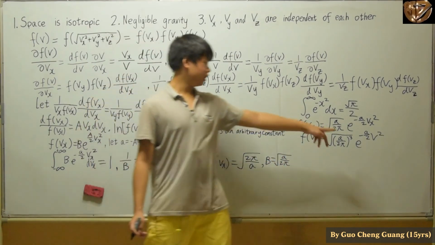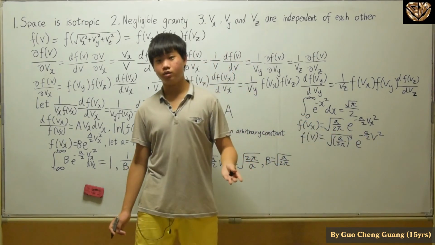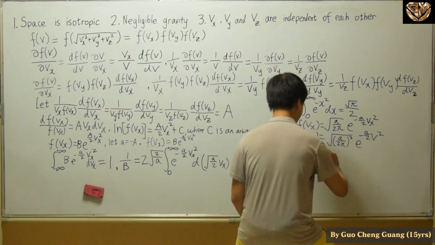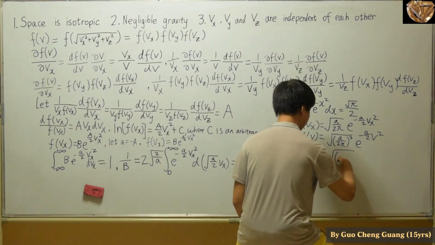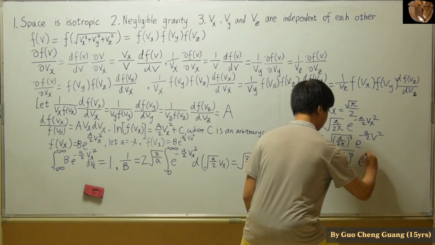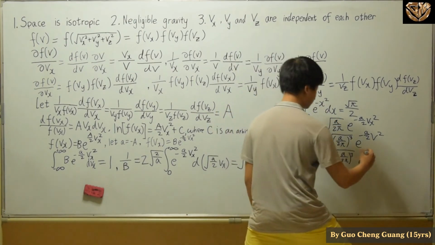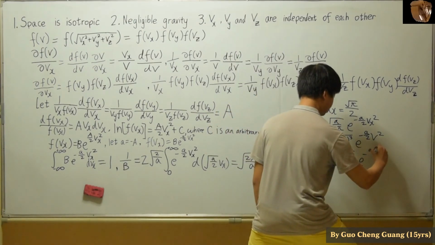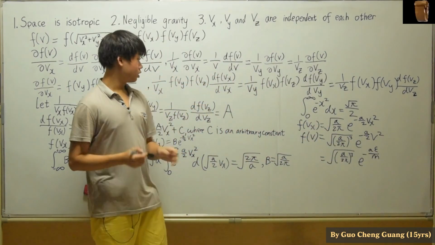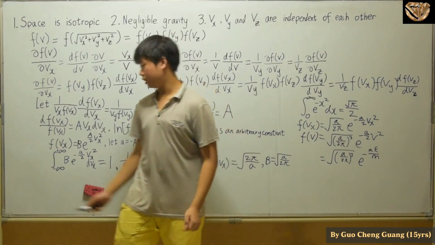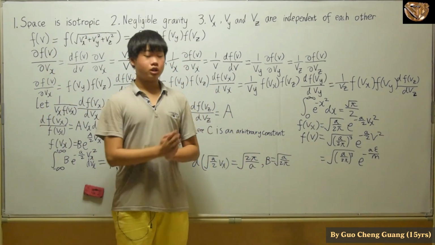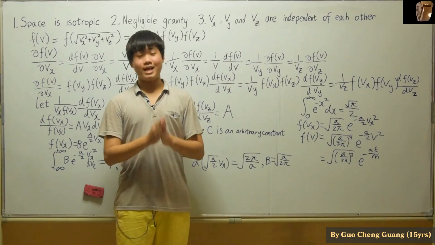Of course, if you want to change this part into epsilon, epsilon is just mv squared over 2, so mv squared over 2, you're going to have a epsilon over m. Alright, so we will leave the form like this as of now. In the future, again, we will determine what a is.